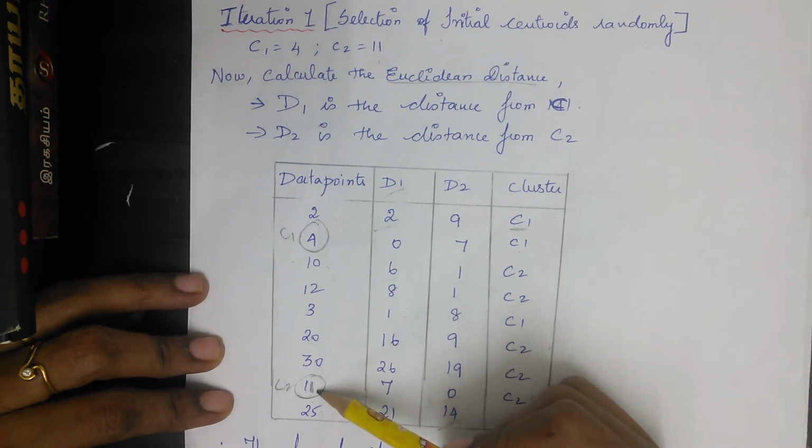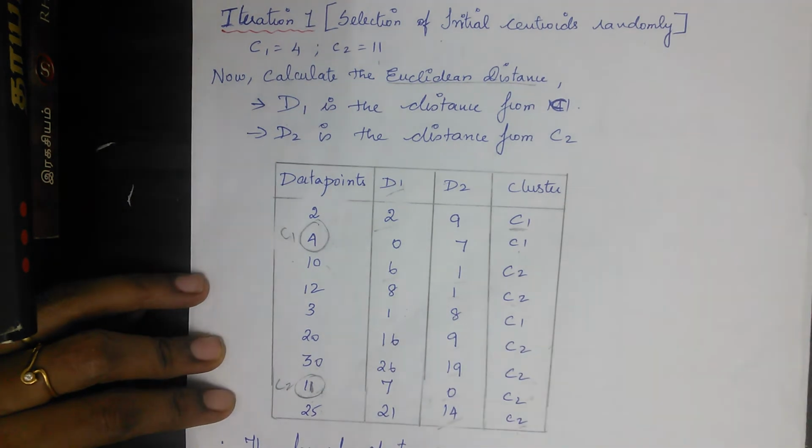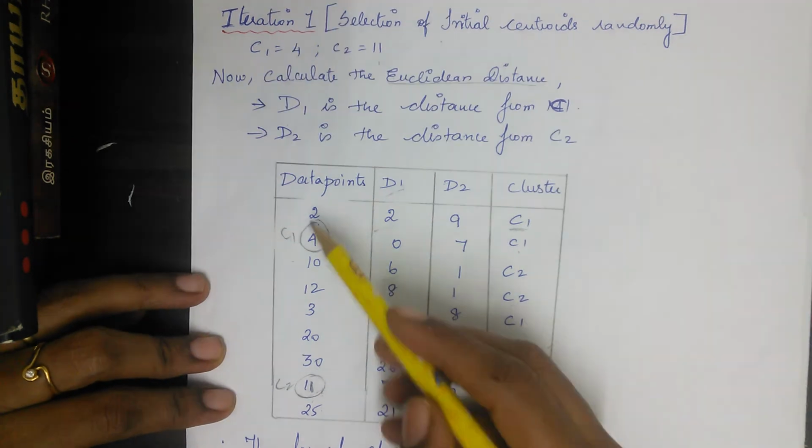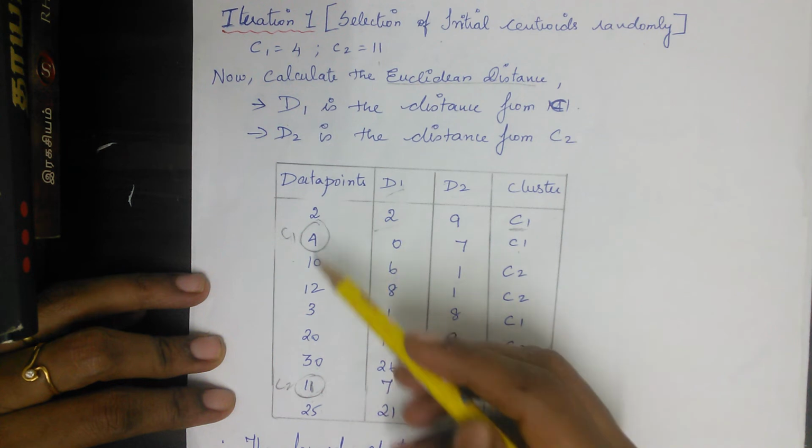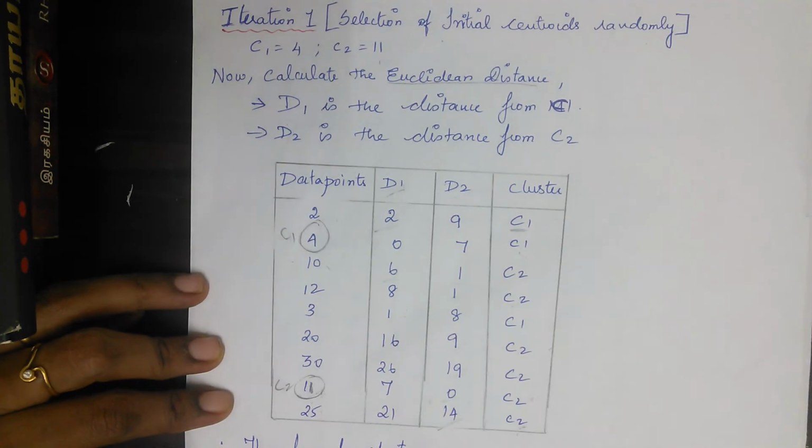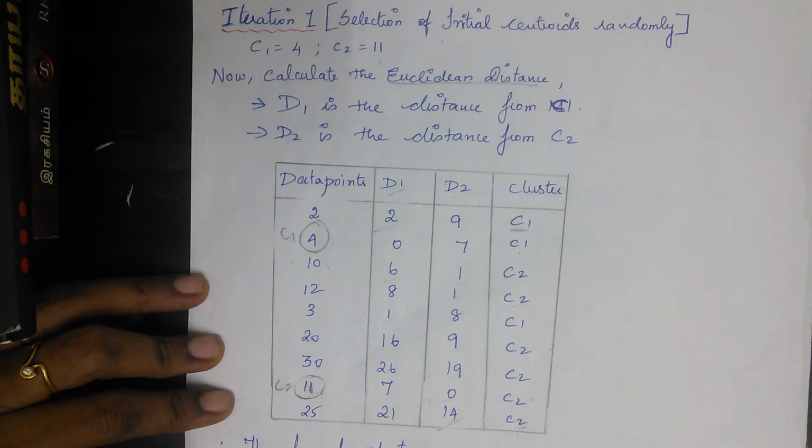I would like to tell you something here. Whatever centroid points you select, it doesn't mean you will get the same results. Suppose you select your C1 as 2 and C2 as 25, it's not going to give you the same clusters. It actually gives you some other, different cluster, so a few data points might fit into the other cluster also.